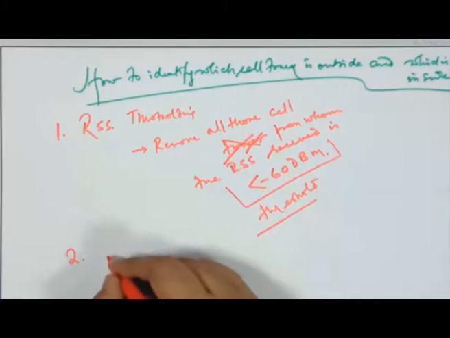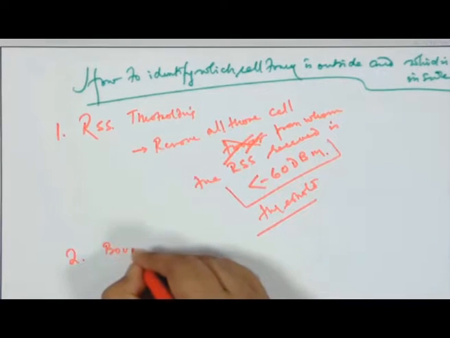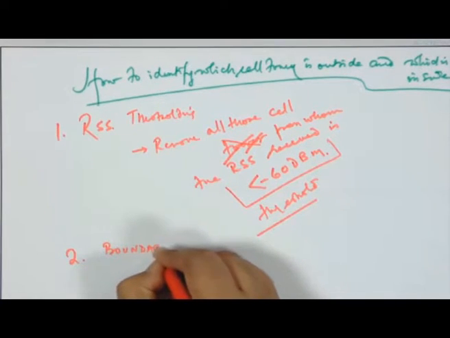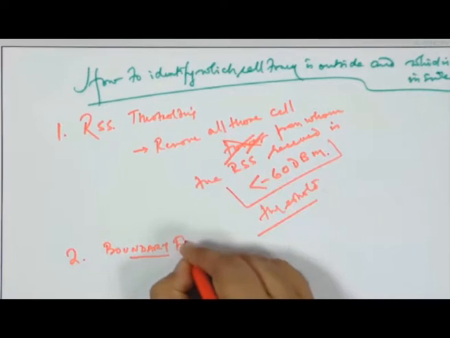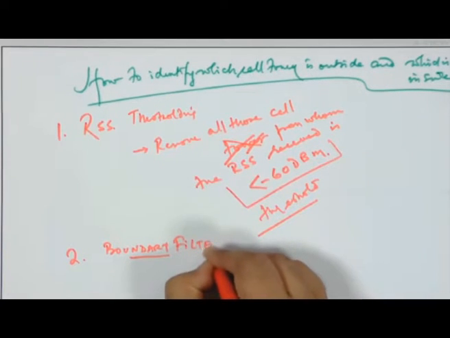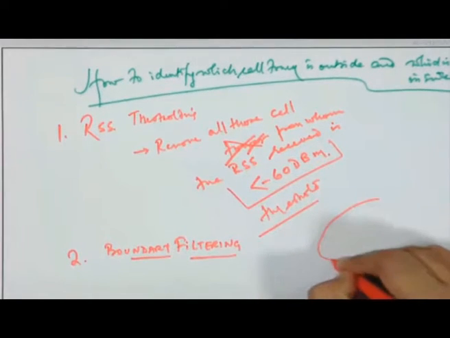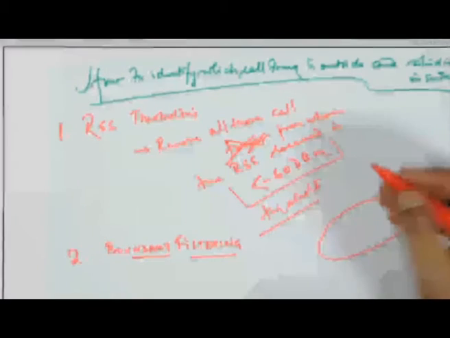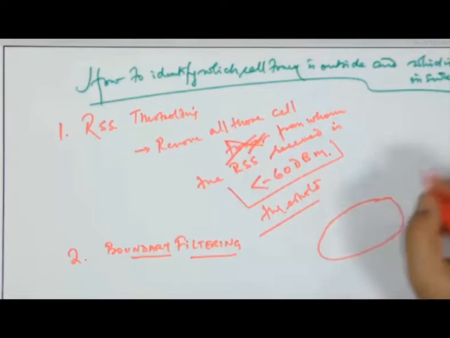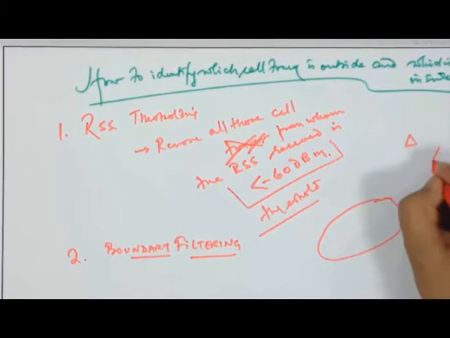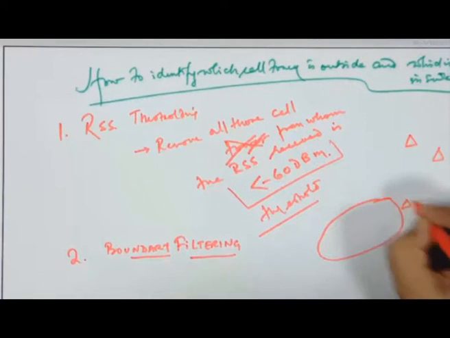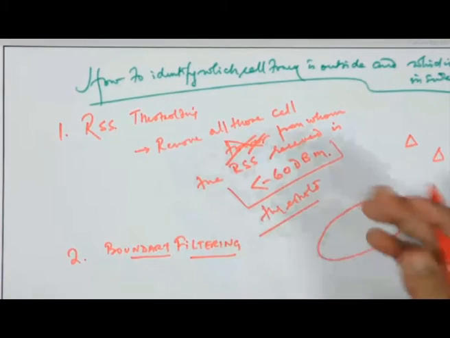say you boundary filtering. So what is happening? The understanding is clear, that this would actually remove many cell towers here, but it would not remove a cell tower which is just near the boundary.